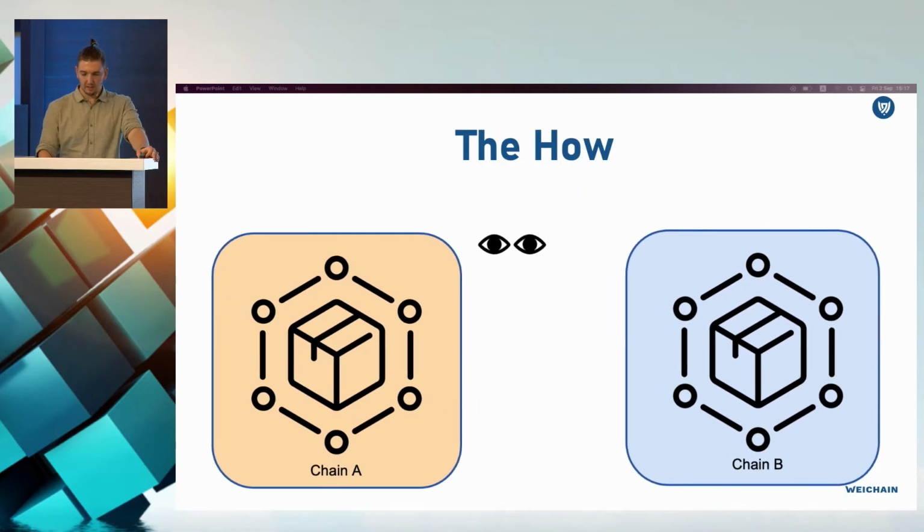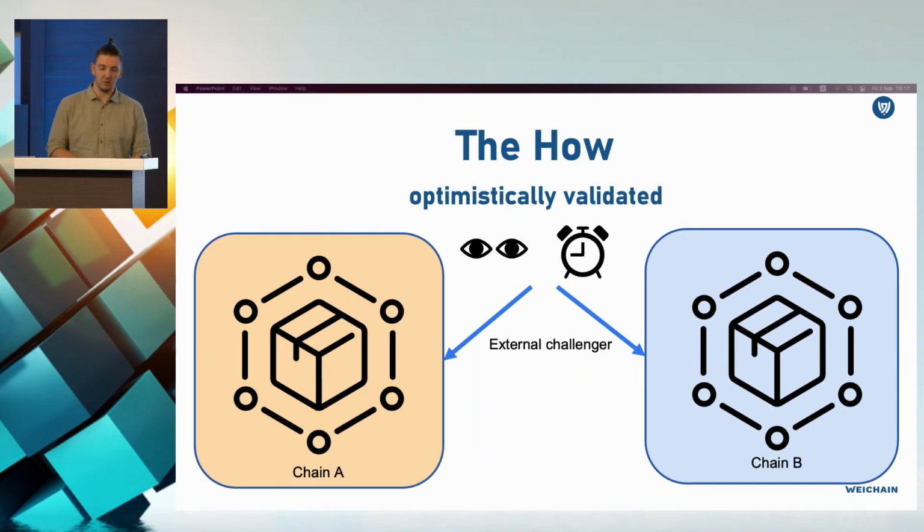And the last but not least way is the optimistically validated way. So we have, again, two chains. We have an external verifier. But the thing is that whenever you submit a transaction, we optimistically verify the transaction, but we have a challenge period.